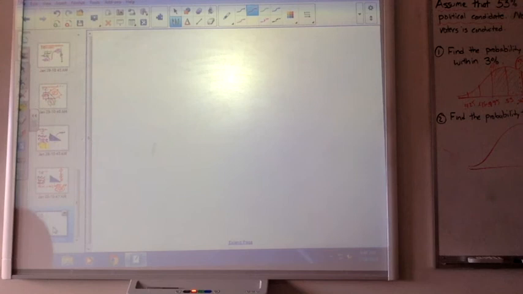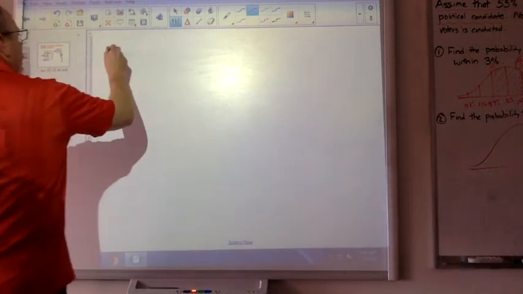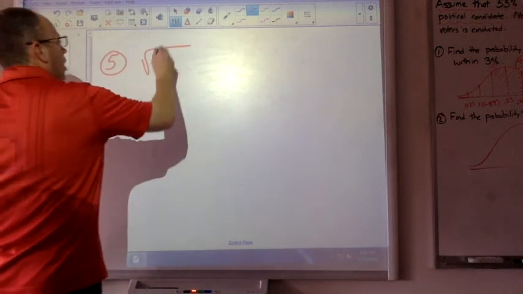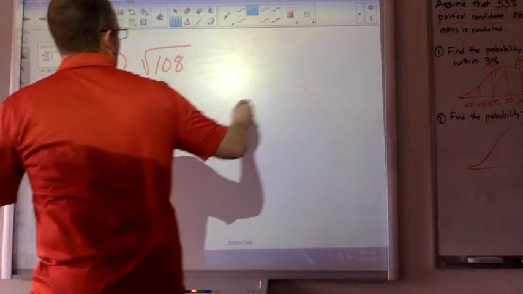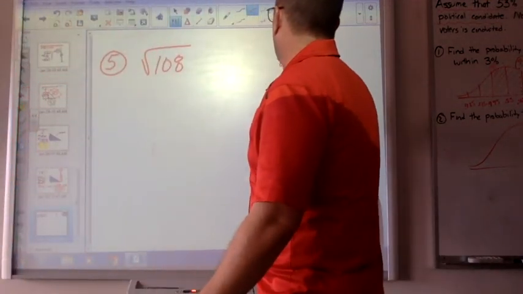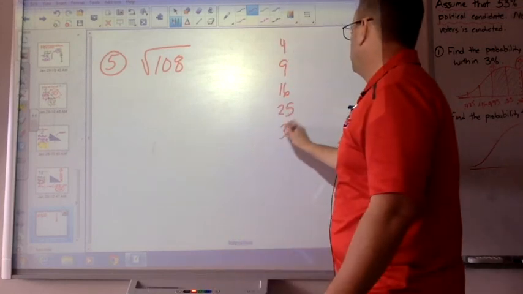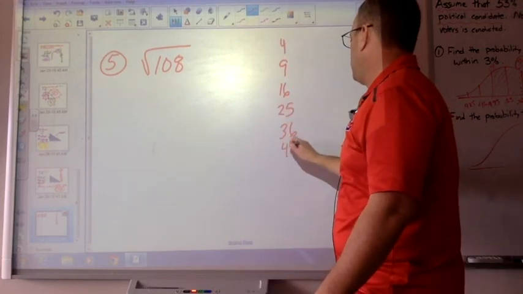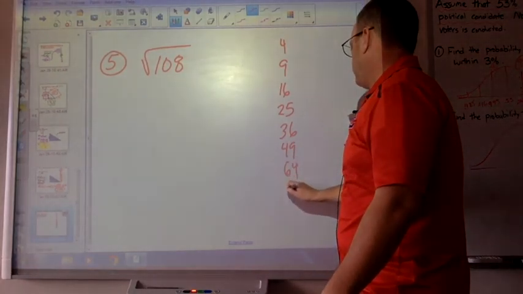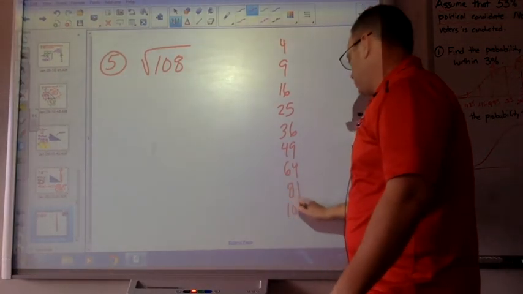Number 5. Square root of 108. Is that right? Okay, so I know my perfect squares are these: 36, 49, 64, 81, 100.